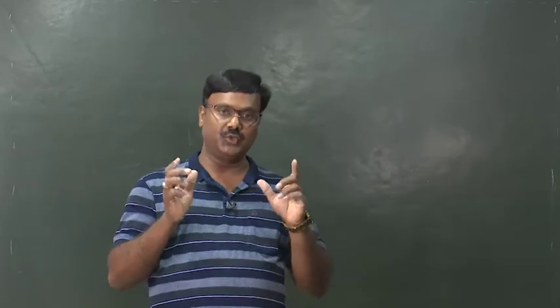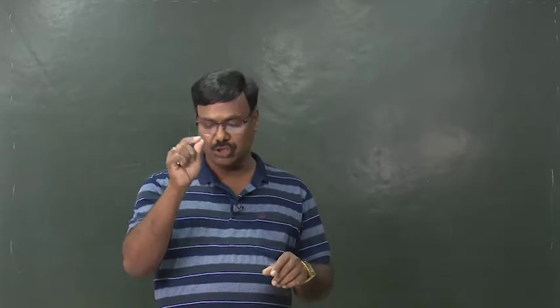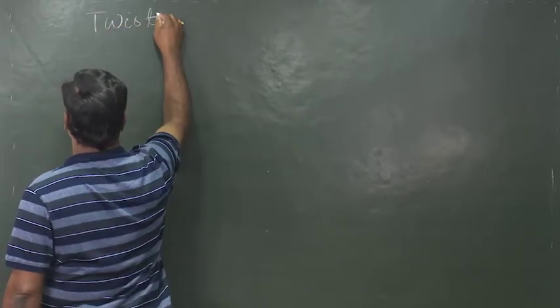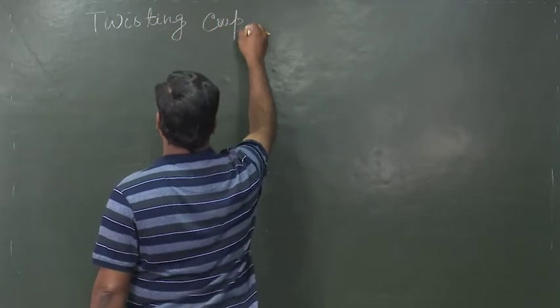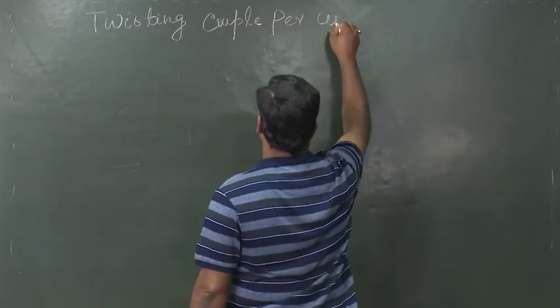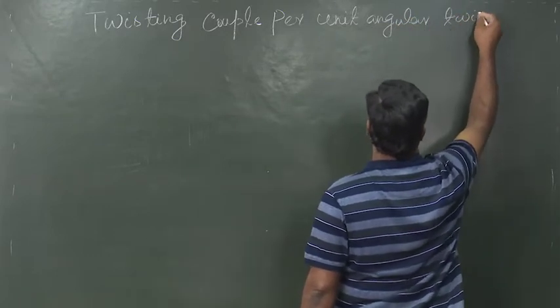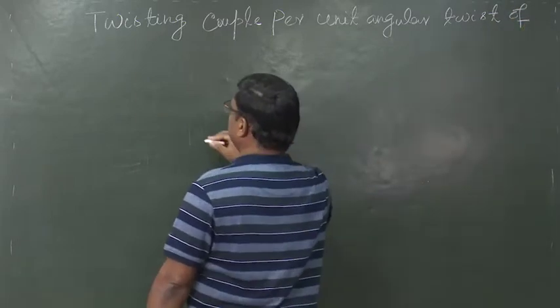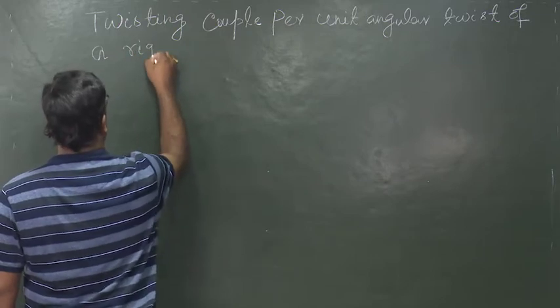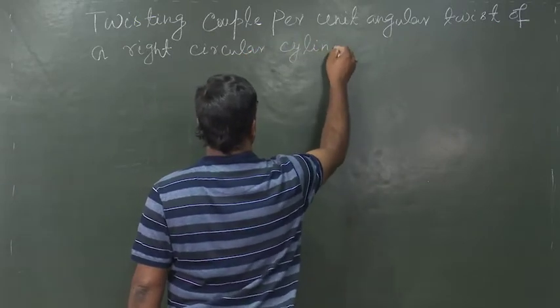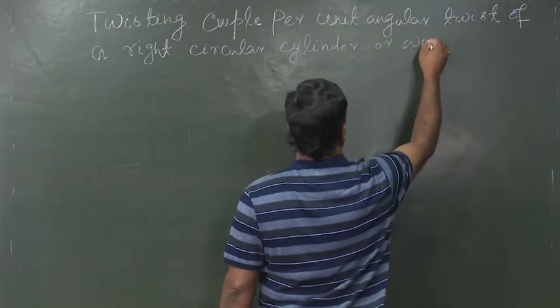Our today's discussion is to derive an expression for the twisting couple per unit angular twist of a right circular cylinder or wire.